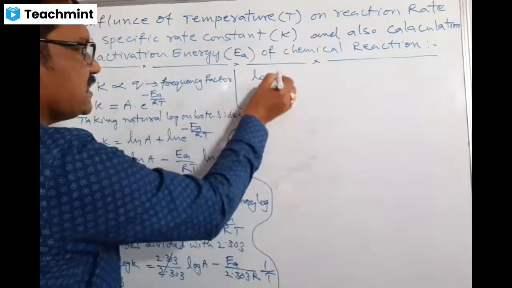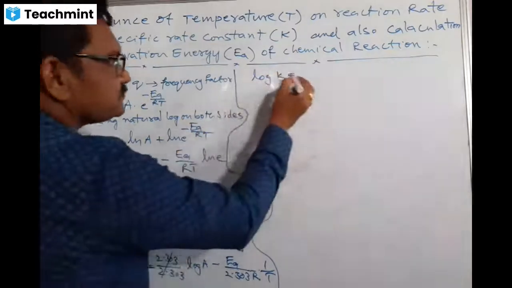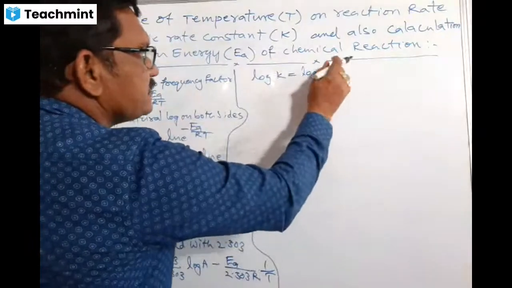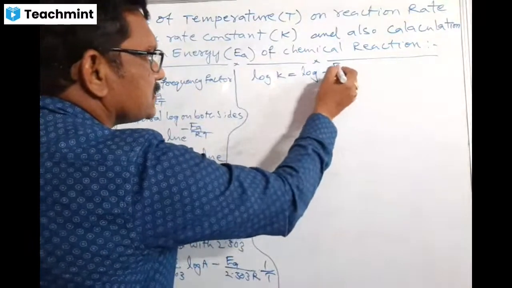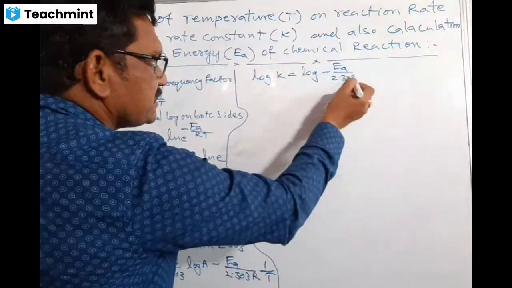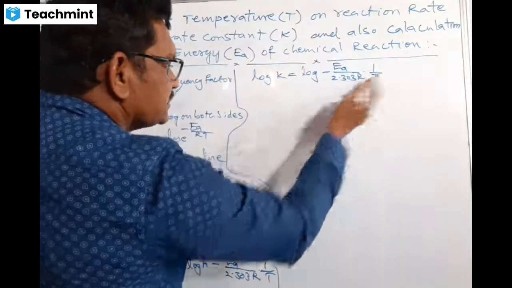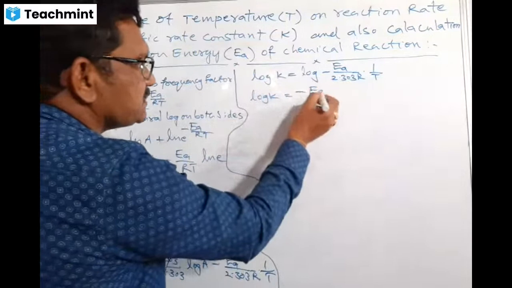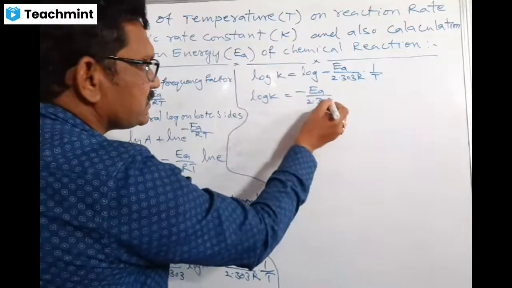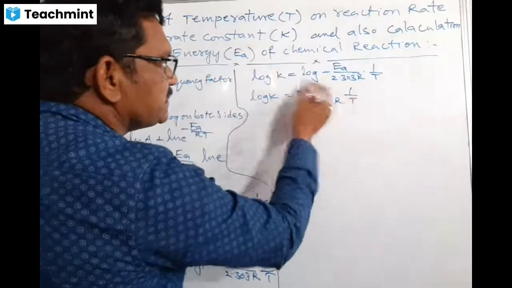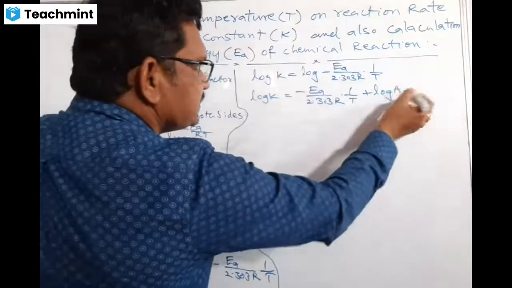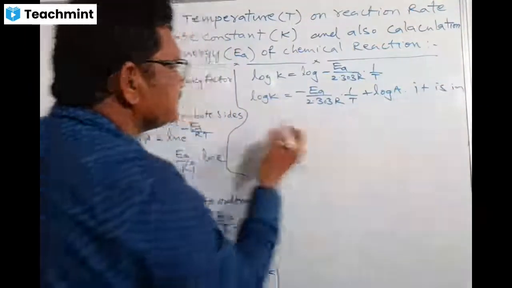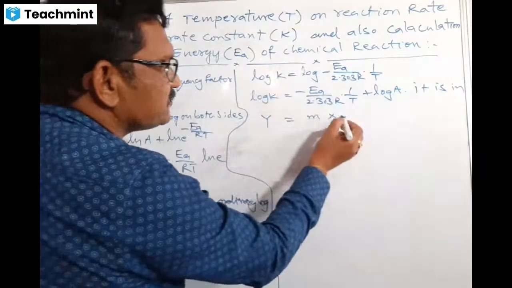log K is equal to log A minus Ea by 2.303 R into 1 by T. This equation I am writing like this: log K is equal to minus Ea by 2.303 R into 1 by T plus log A. See, it is in the form of y is equal to mx plus c.